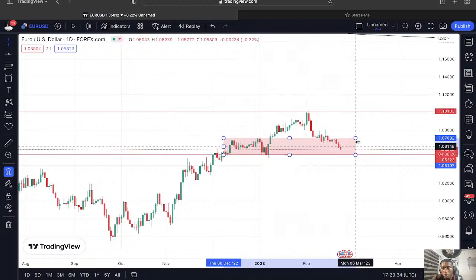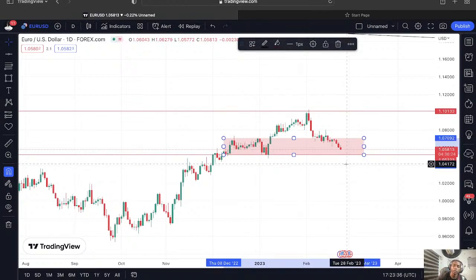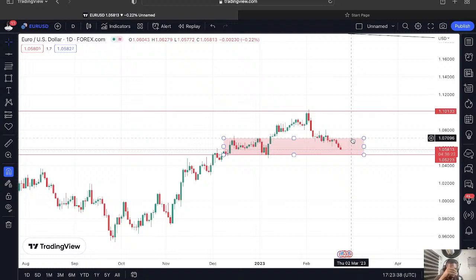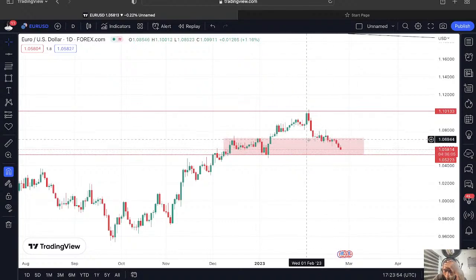So what are we looking at, or what do we expect from here? What price is currently doing here is looking out for means to actually break out of this.